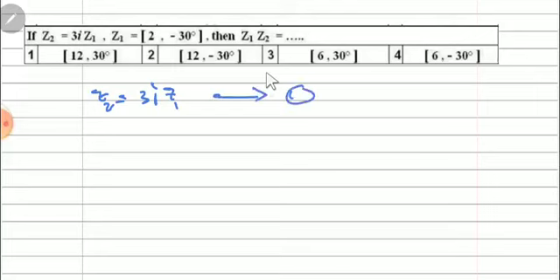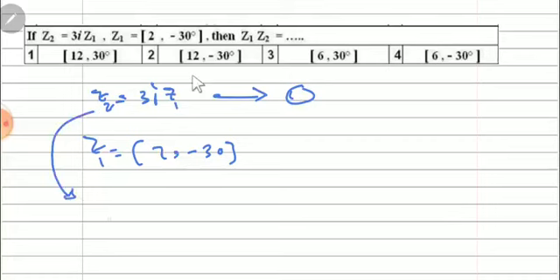And he told us Z1 equals 2 and negative 30. I noticed something here. This is Z1, and this is Z1, so it's okay to put the value of this here. Yeah, obviously, it's okay.